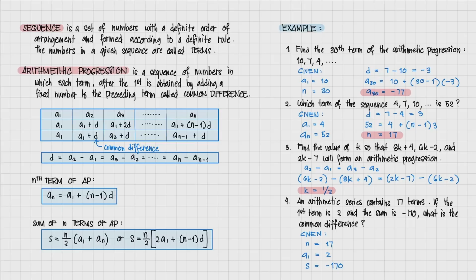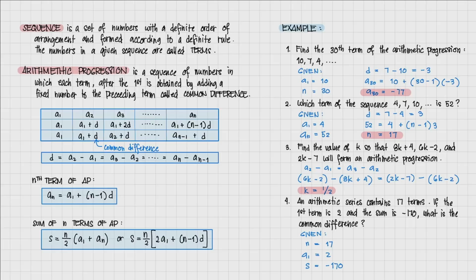So from our formulas right here, what we could actually use is this formula, right? Because we have S, we have n, we have A1, and we're trying to look for the common difference. So we're just going to substitute our values to our equation.